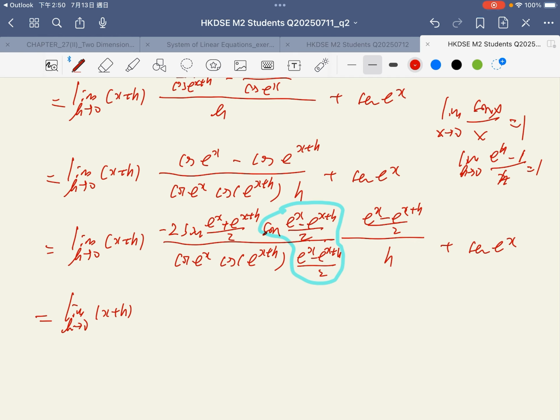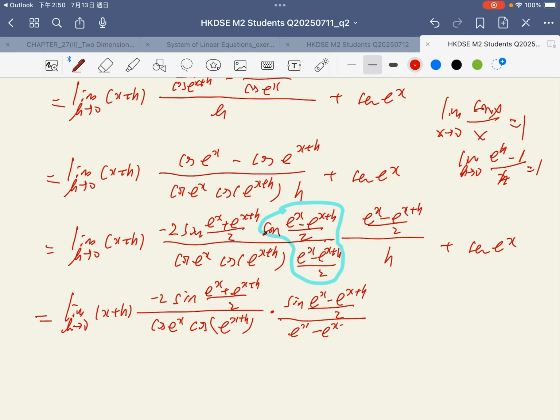Okay, limit h tends to 0, (x+h), this negative 2, sine, e^x, negative 2, (e^h minus 1) over 2h, plus secant e^x.